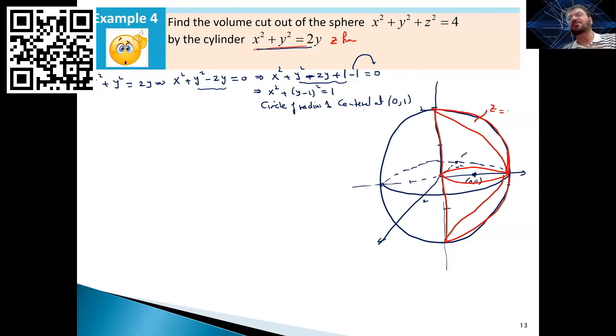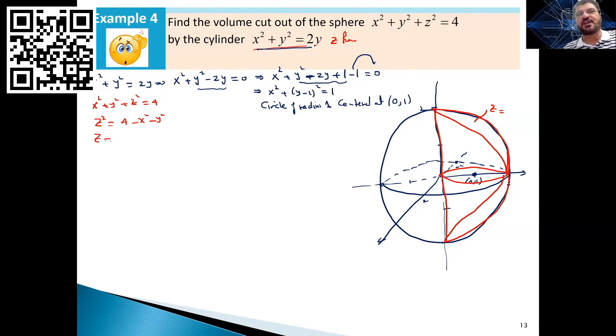What is this? The top, who's the surface on the top? That's the sphere, right? What's the equation of the sphere here? You look at this. The sphere says x squared plus y squared plus z squared equal to 4. So z squared is equal to 4 minus x squared minus what? Y squared.